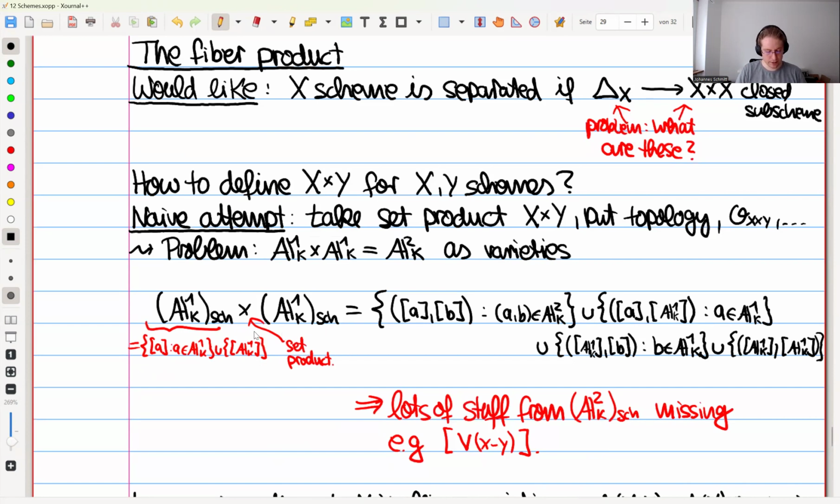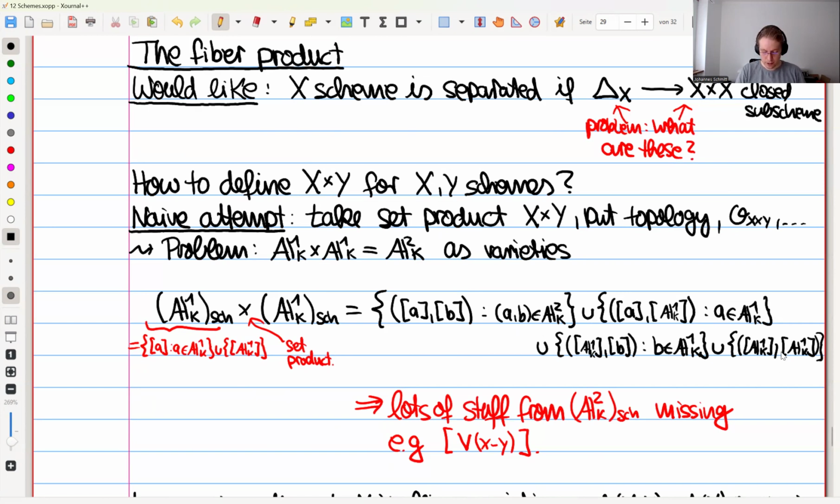So if you take this set product, then you get four different types of points. You get the nice points that you expect, namely (a, b) in A2. Then you can mix a point on this factor with the generic point on the other factor. So a and the generic point, the generic point and some b, and you have the product of the two generic points.